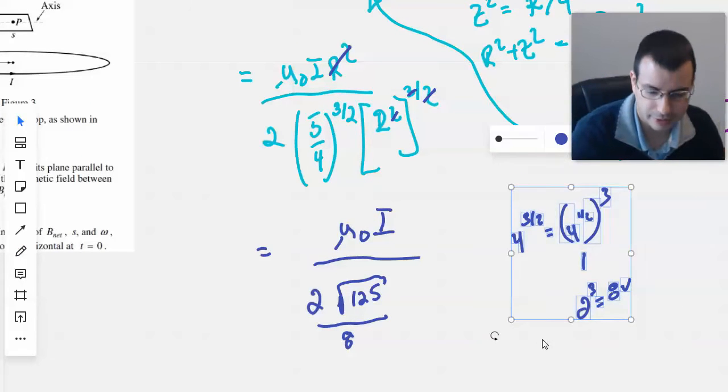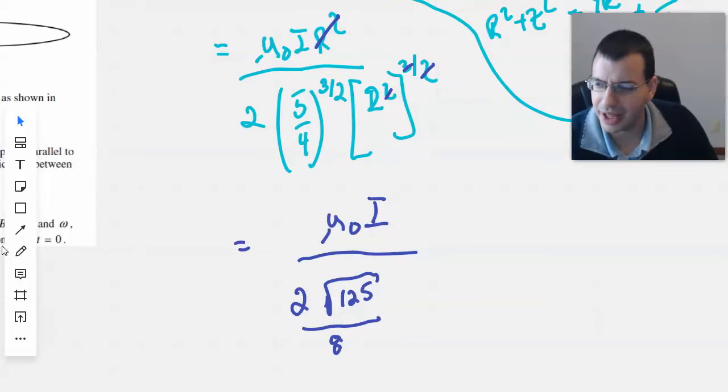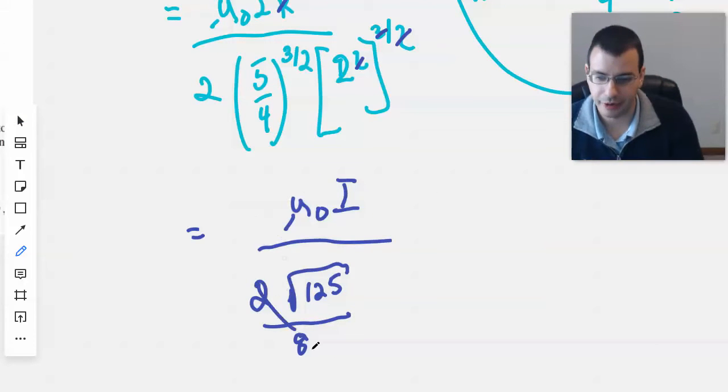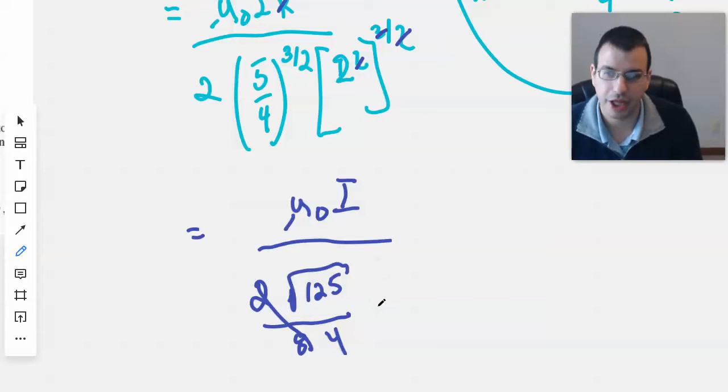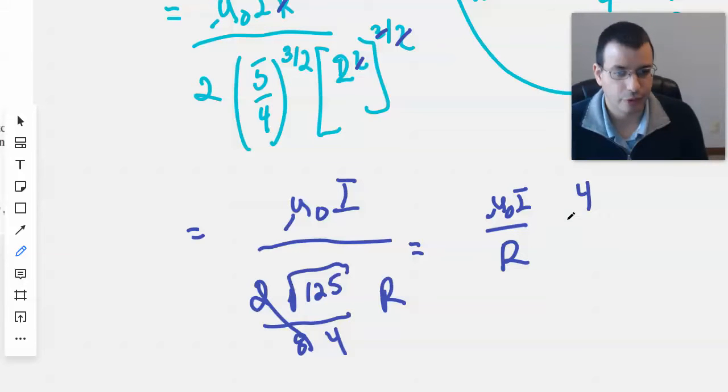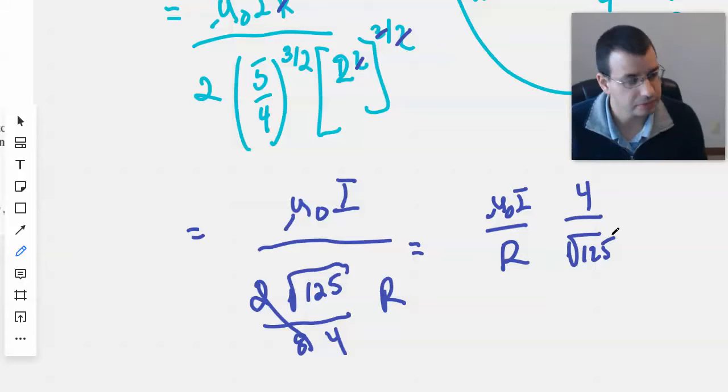Is that algebra? I'm not actually sure. Okay. And then this will become 4. And then we're left with 1 r over here. So this is mu naught I over r times 4 over square root of 125.